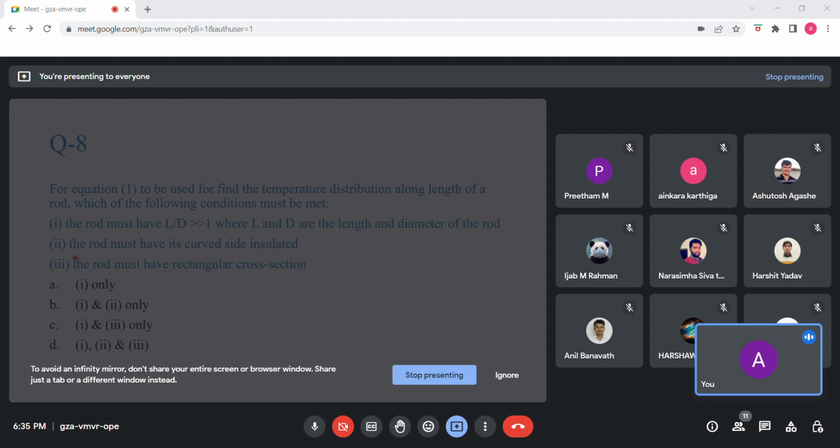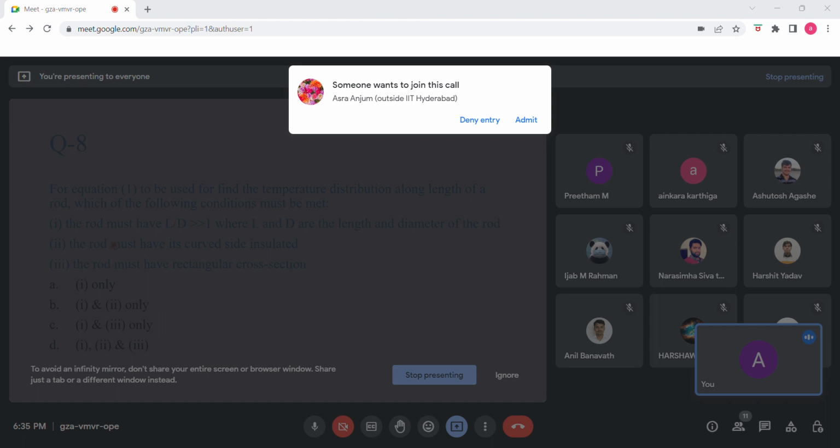Next is the rod must have its curved side insulated. And option 3 is the rod must have a rectangular cross section.